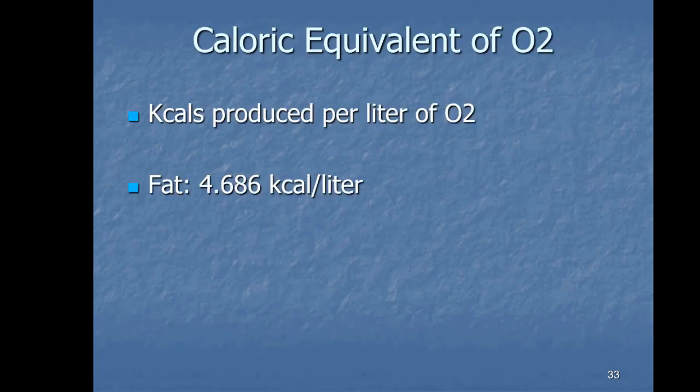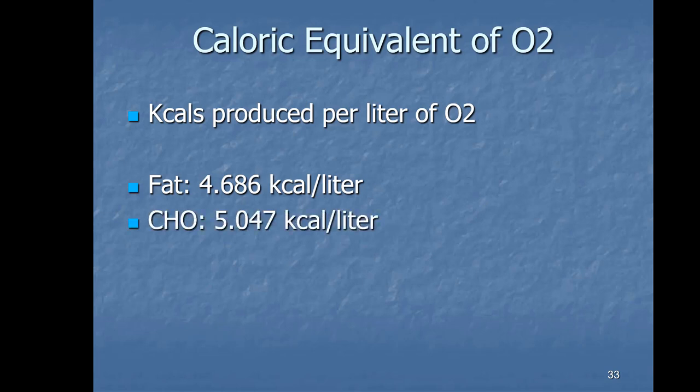And that leads us to the caloric equivalent of oxygen, which is kcals of energy produced per liter of oxygen. This is a fun way to look at the efficiency of the substrates that we're utilizing. So how many kcals can you get per liter of oxygen using fat or carbohydrate?